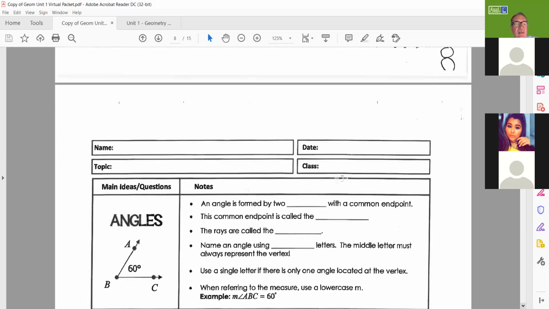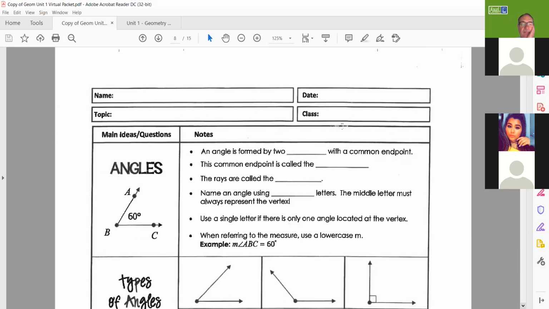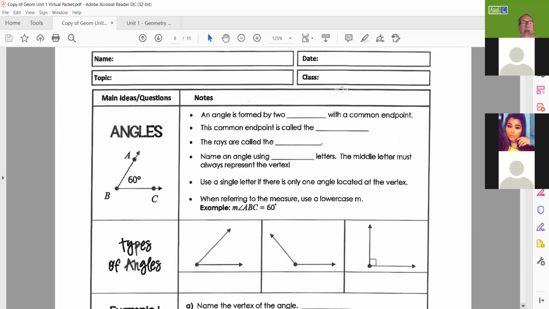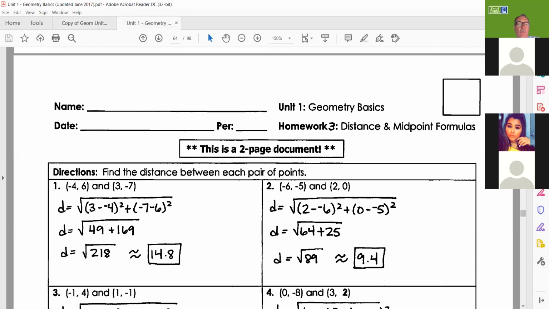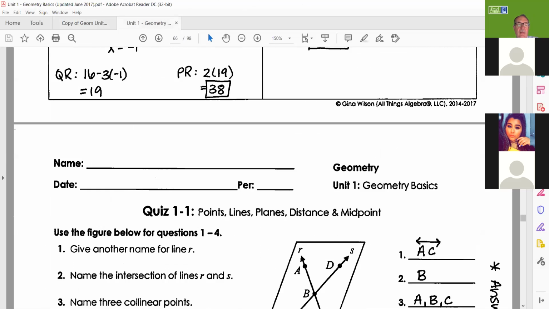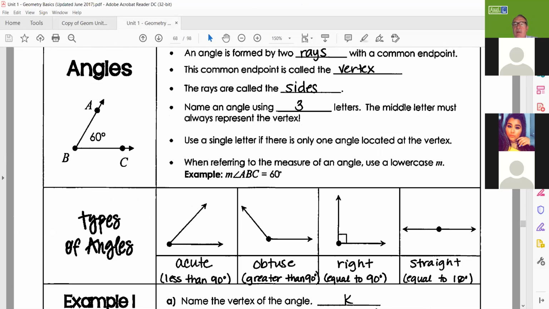So the rest of this handout packet is involving angles. Finding angle measurements, describing them, categorizing them. And again, more definitions, more stuff to remember.